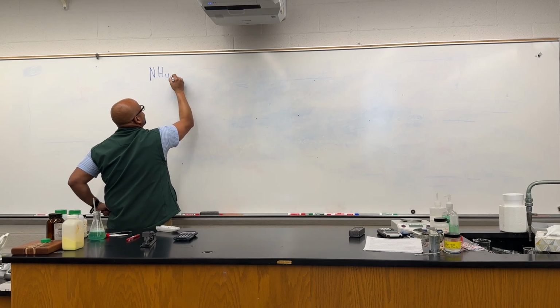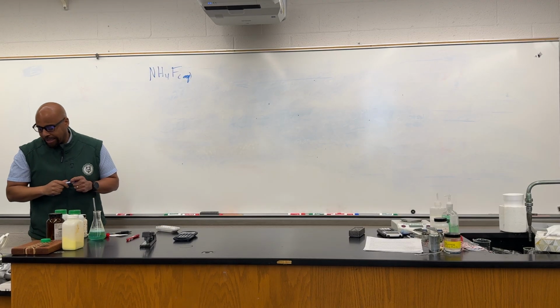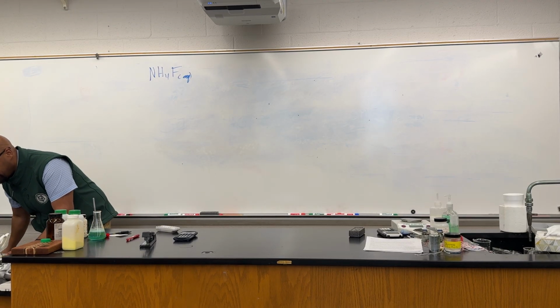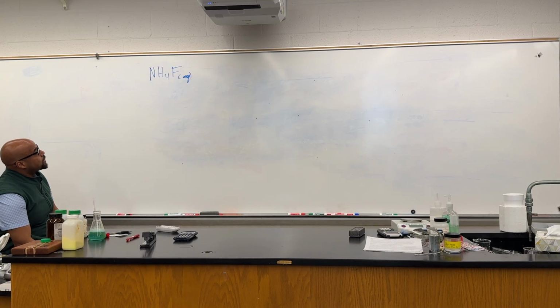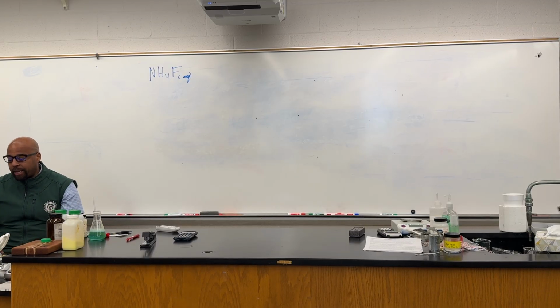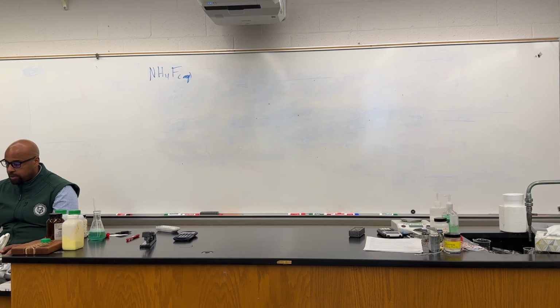Ooh, this is a good one. So you've got to think about it: we've got the ammonium cation and we've got the fluoride. So take the ammonium and see what its interaction is going to look like here.